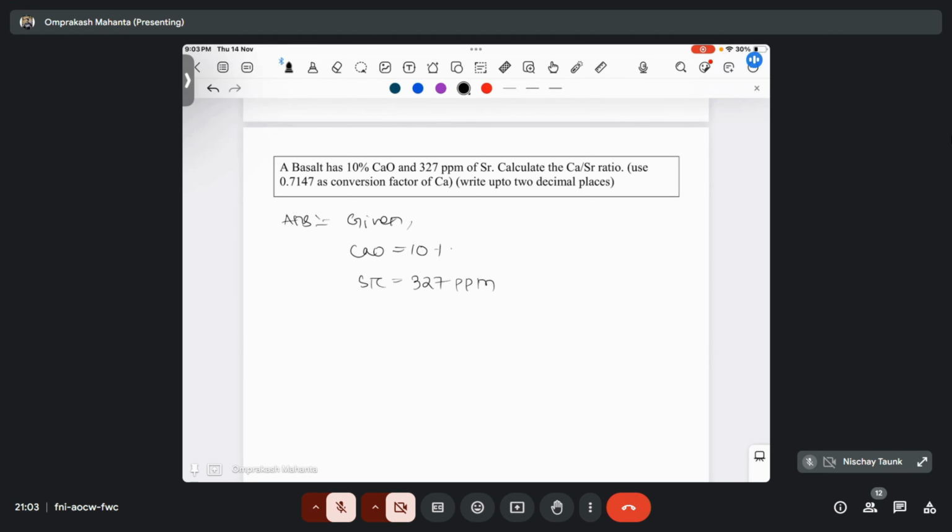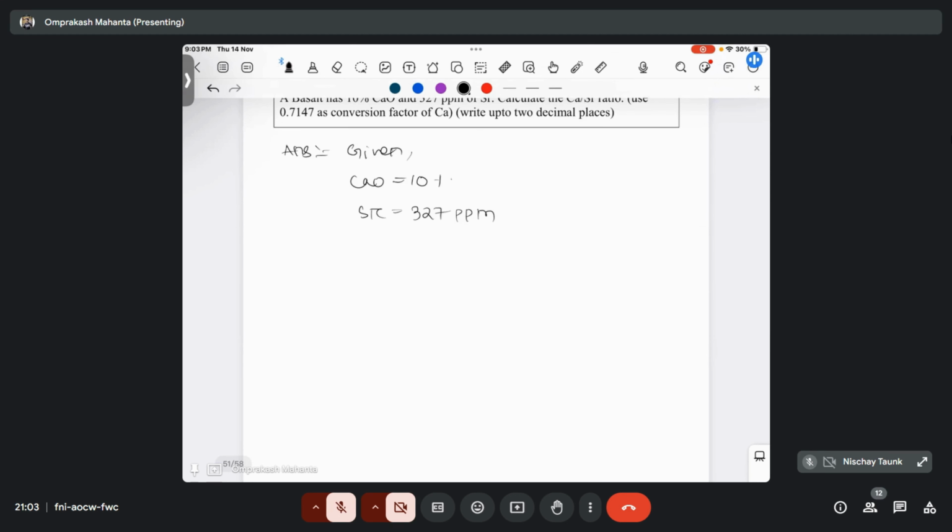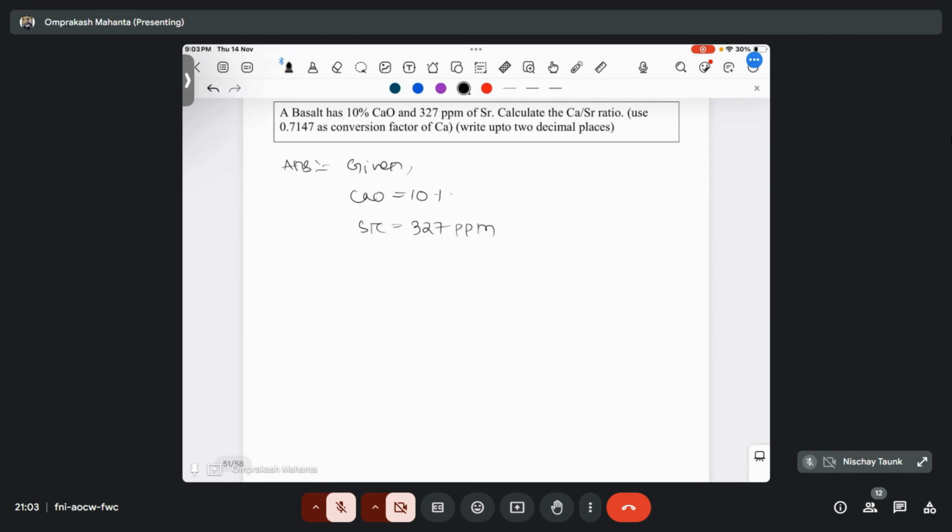Before calculating the Ca in the basalt, we need to calculate the Ca in CaO. The atomic number of Ca is 20, so the weight of Ca would be 40. And oxygen, we know, is 16. So CaO total weight is 56.